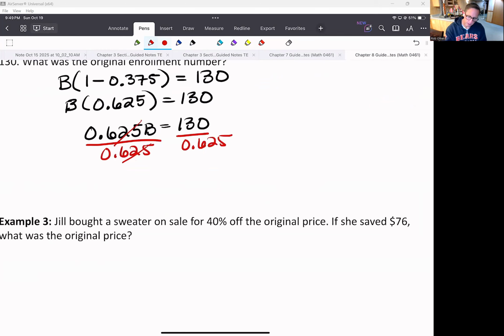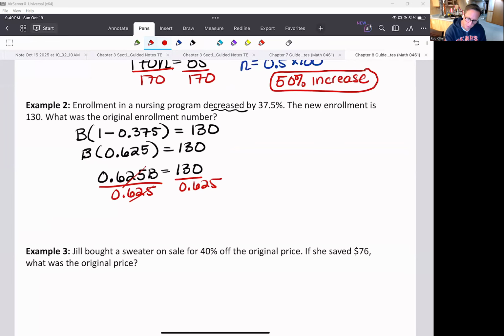There you go. And then 130 divided by 0.625. What is that? 208, which makes sense. It should be higher, right? Should be more than 130 because it decreased.